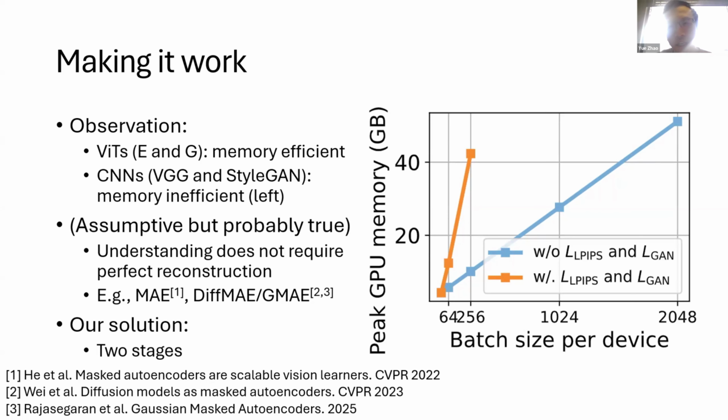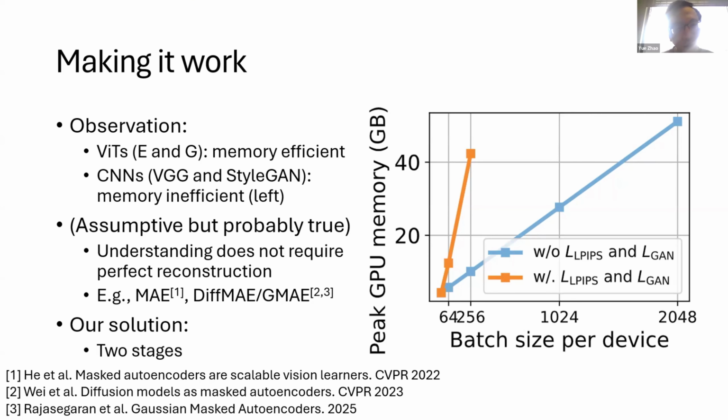Here is a plot of the memory consumption with respect to the batch size. We see that more than 60 to 70% of the memory is consumed by the perceptual loss and the GAN loss part.